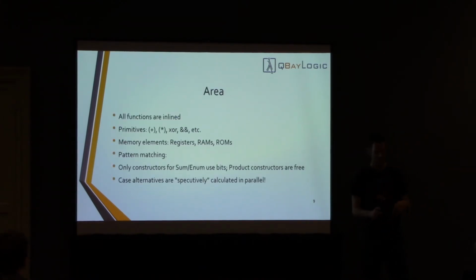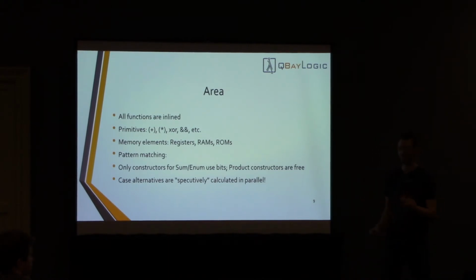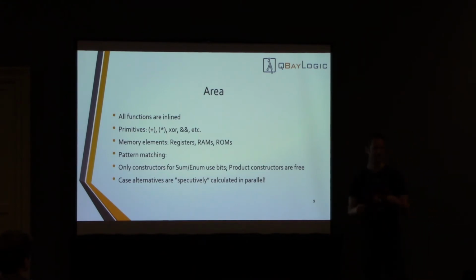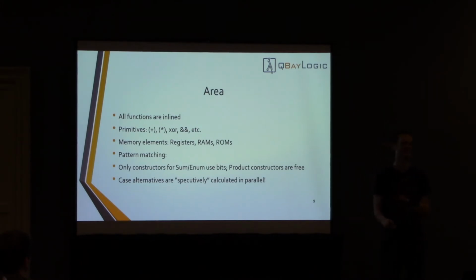So this is really about the cost model. What's the cost model that you should have when you look at your Haskell? Basically, transitively from your entry point, all functions will be inlined.